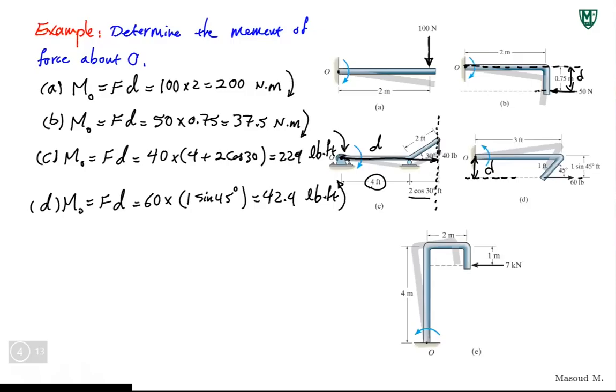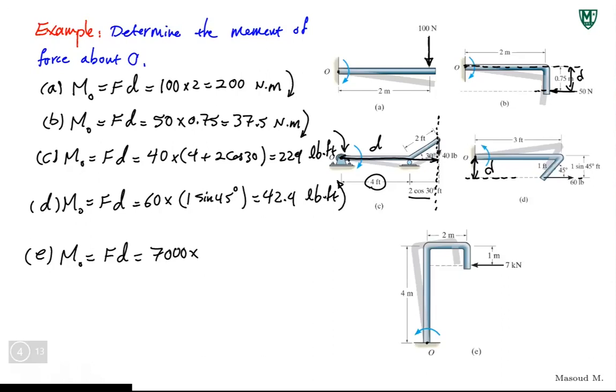Now, the last case, E. MO is F times D. Force is 7 kilonewton. Let's just put it as Newton, 7,000 times the perpendicular distance between the line of action for that force and the point that I'm finding a moment about, which is O. It is 3.